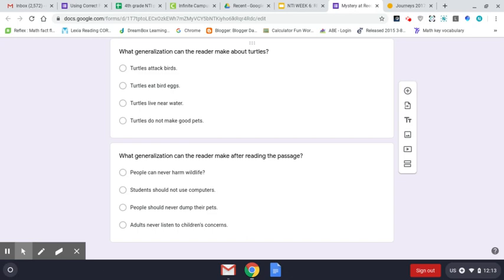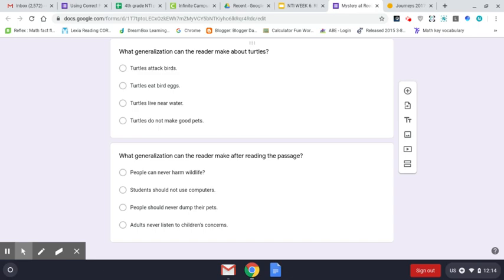For example, I can say, oh, I can't even think of anything. I should have prepared a little bit better. I may make a generalization that every time it rains, I always get wet. Okay, that's a generalization. I've used always in there. That's not always true. I may not be outside. I may be under an umbrella.